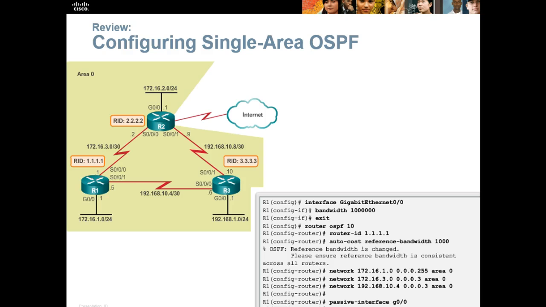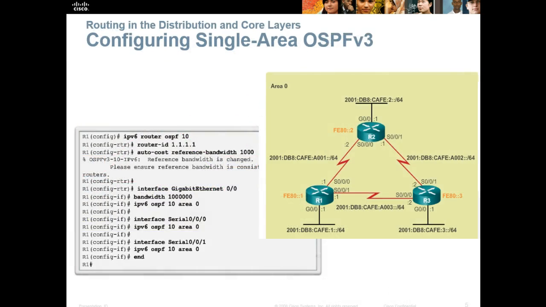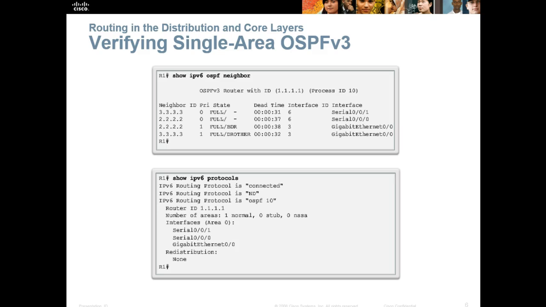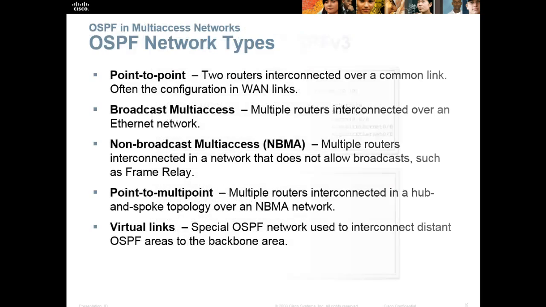You know this. There's also OSPF version 3, using IPv6 and the IPv6 commands. There might be a little dust when it comes to version 3, but you'll get it back quick enough, I'm sure. And then we use show ip ospf neighbor and show ipv6 protocols, as we do for all our protocols, to see what we're running.